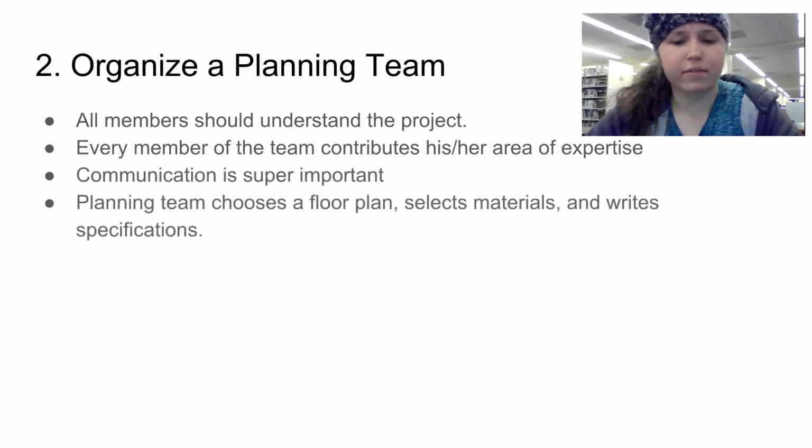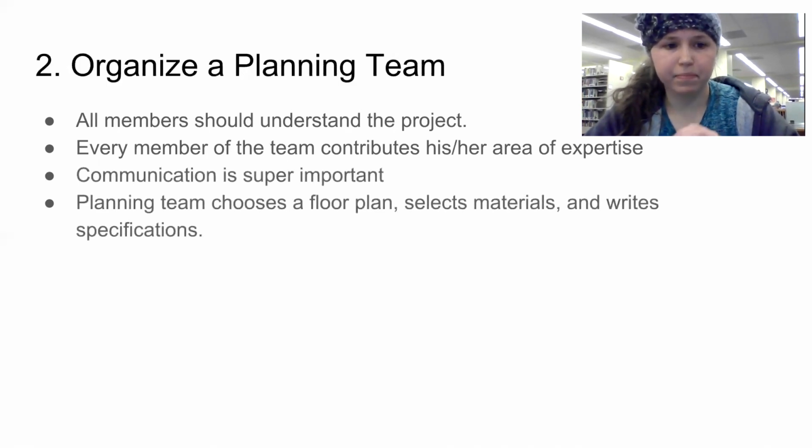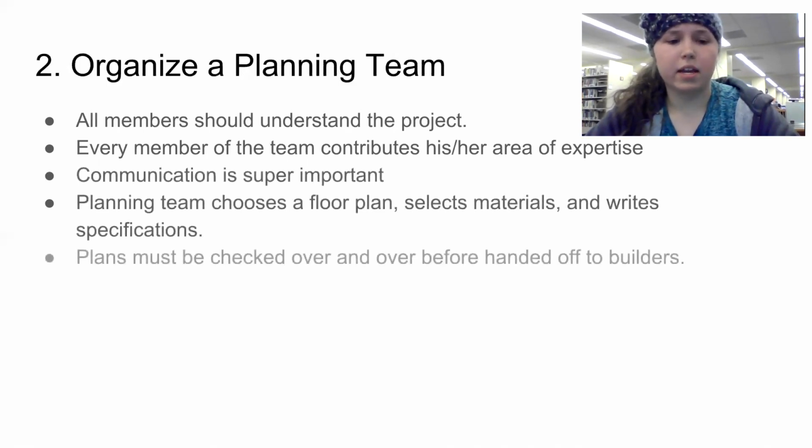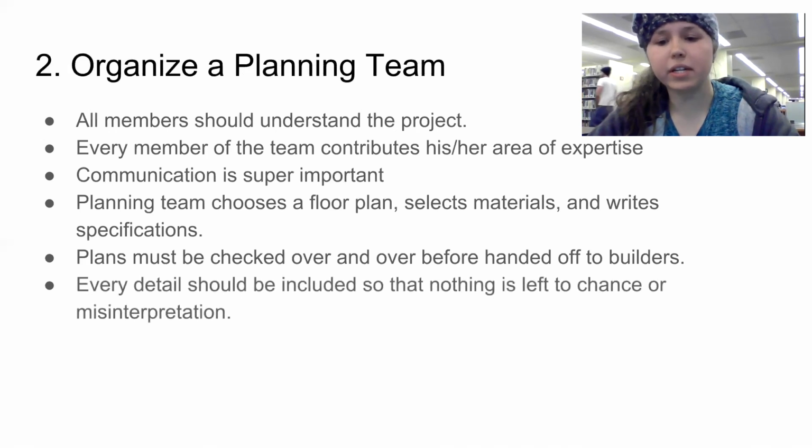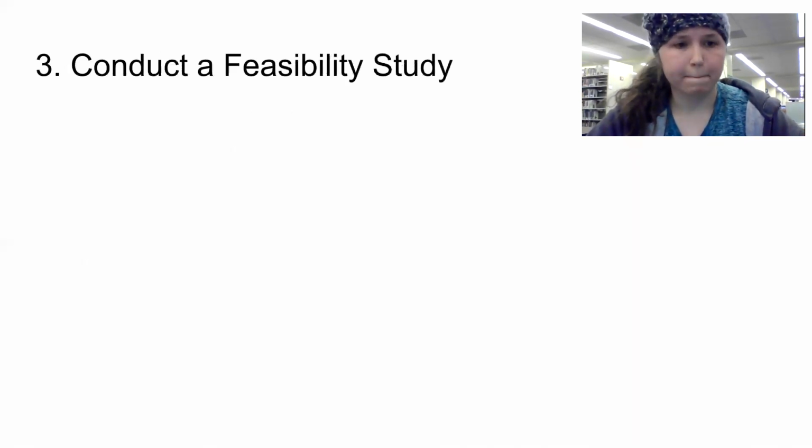The planning team chooses everything from a floor plan, they select materials, and they write really detailed specifications of the project. And then the plans must be checked over and over again before they're finally handed off to builders for the final preparations. Every detail should be included so that nothing is left to chance or misinterpretation.